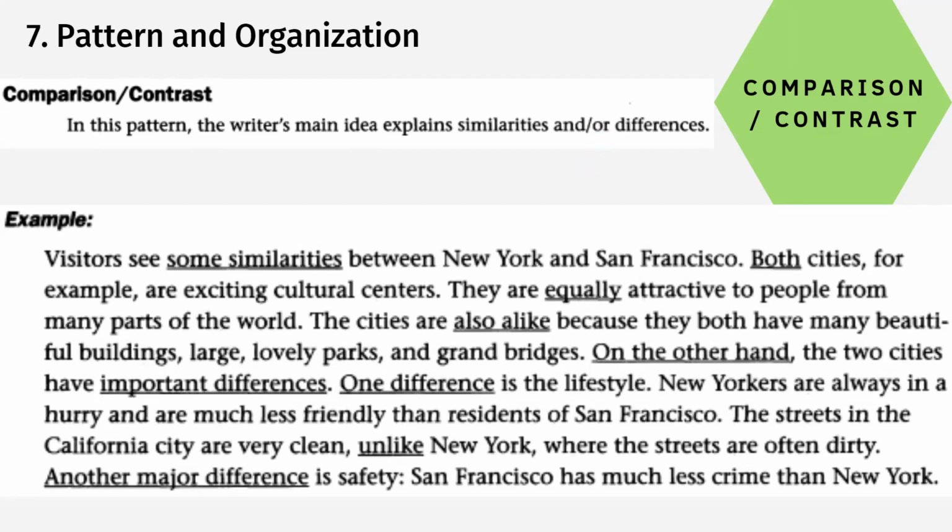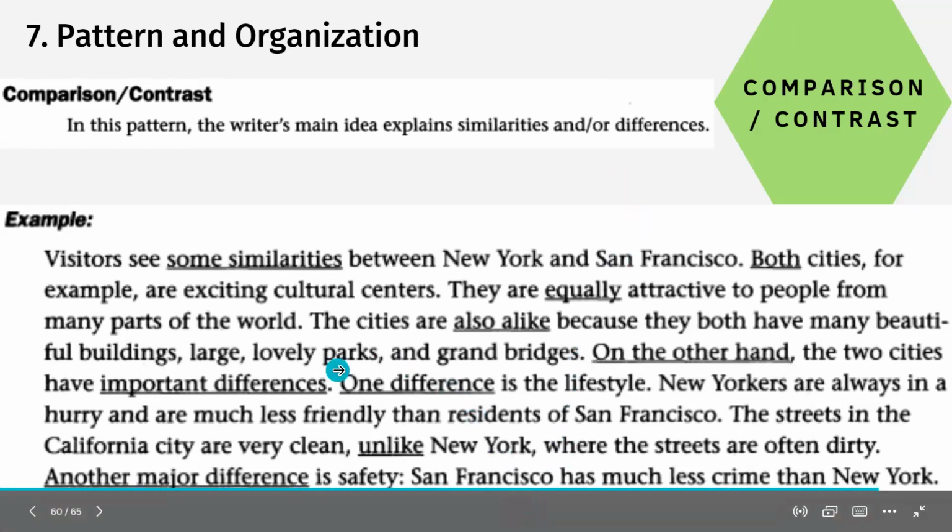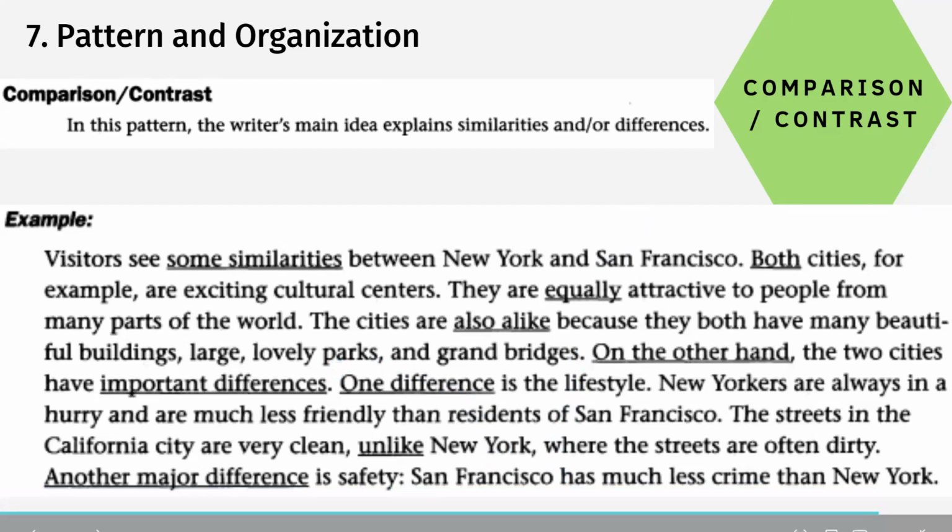No, they don't have differences, because in the last line they talked about the difference between California and New York. California? Where is California? Yeah, there is no difference between New York and San Francisco.